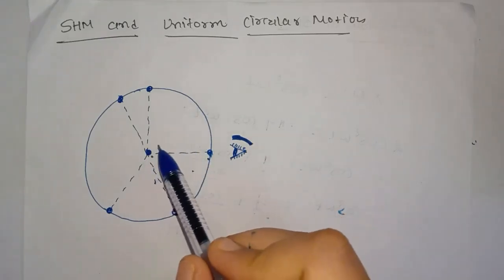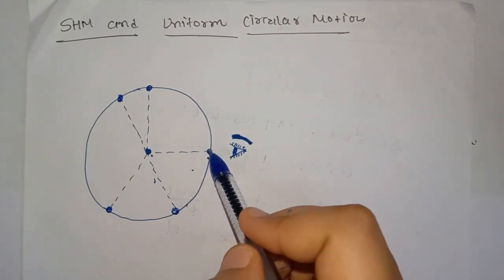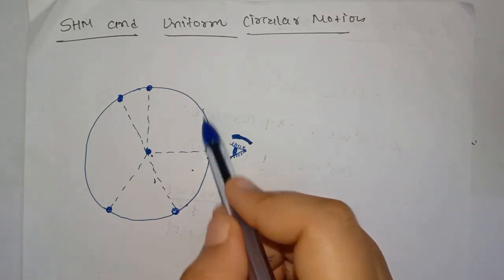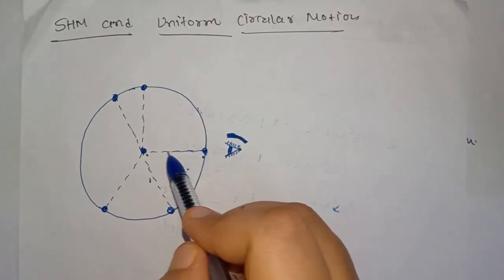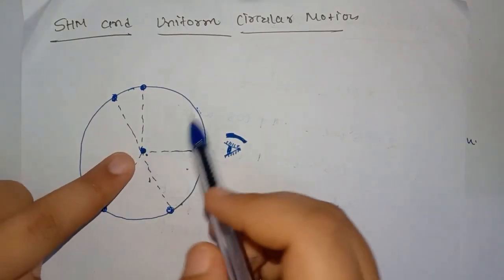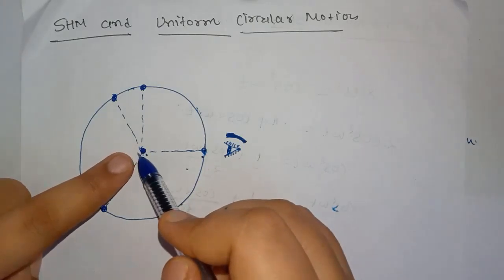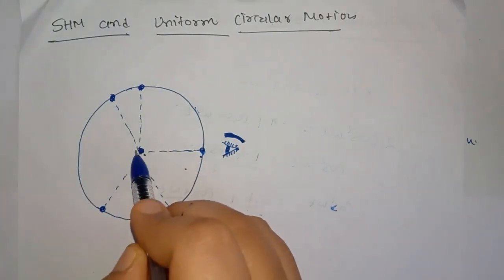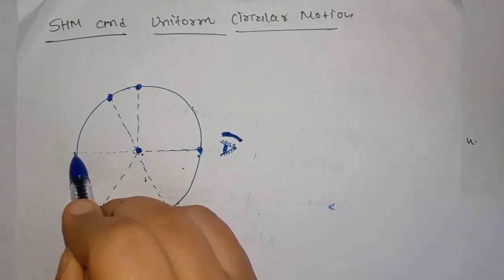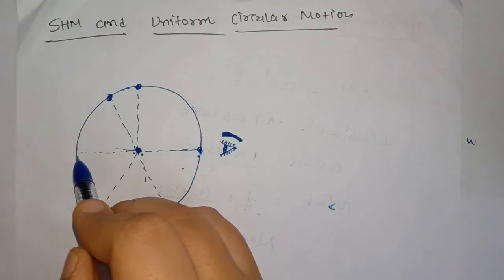Now, we can see only two-dimensional things on the ground. So, as the insect starts from this point and crawls in the upward direction, its shadow will move in this direction. When it has reached the maximum height, its shadow will be at the center. Now again it is crawling down, so its shadow will move along this path.